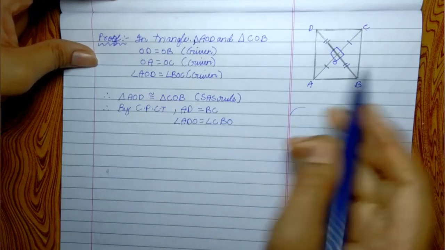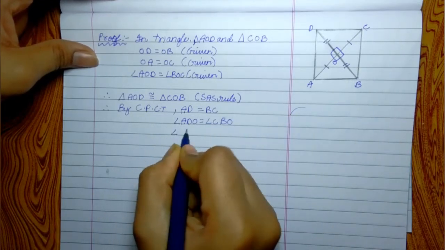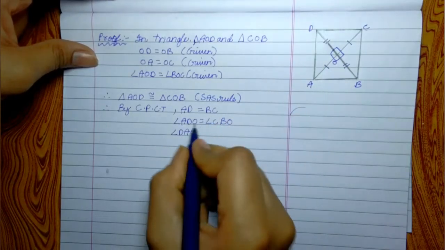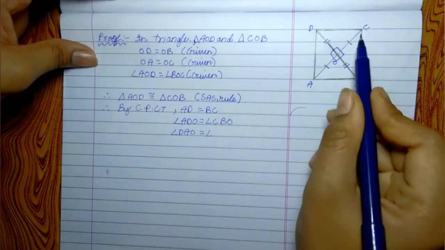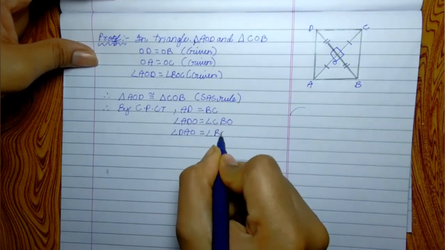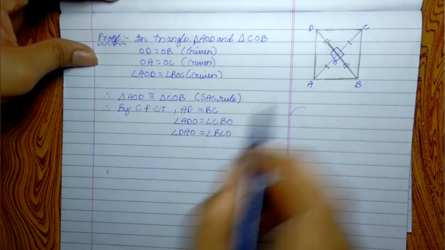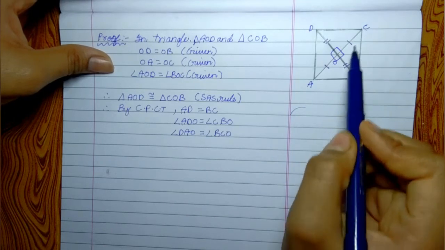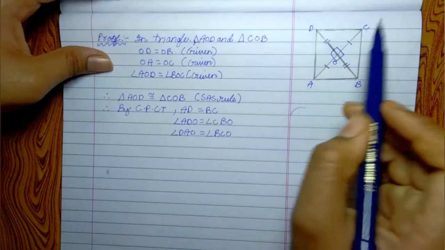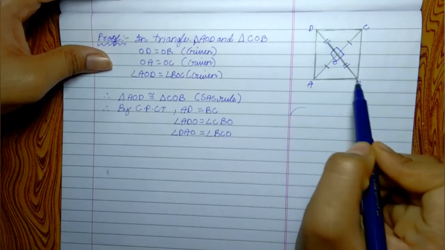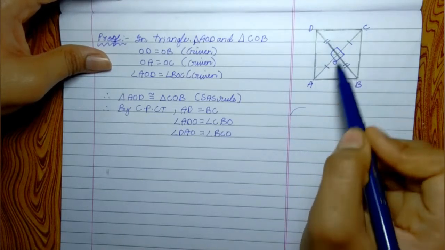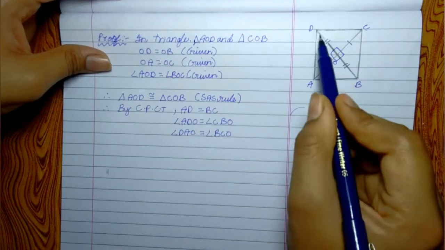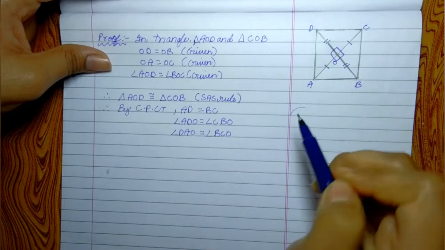Here you can see that this angle is equal to this angle and this angle is equal to this angle. If we consider this as a transversal, we can say that the alternate angles are equal, which means these two sides are parallel to each other.